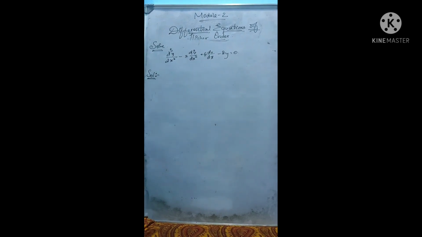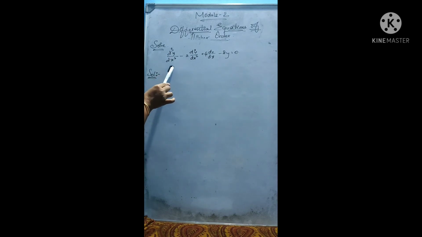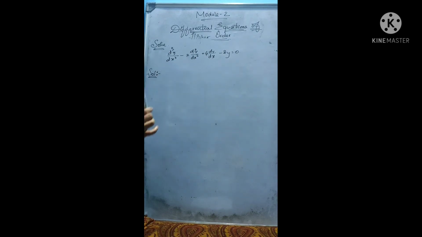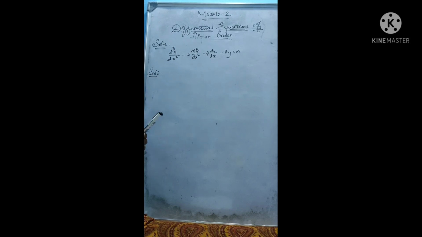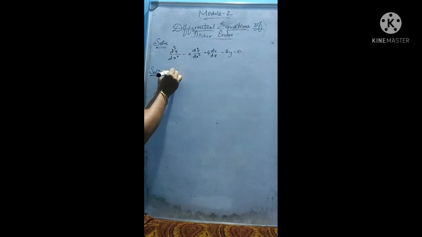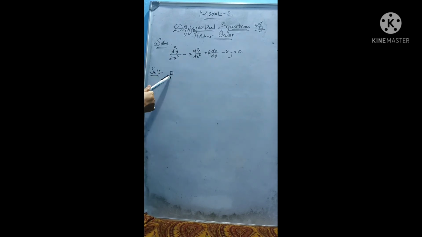Okay, first step, step 1, you need to represent the given differential equation in its operator form. Operator means using capital D. Okay, so writing this in the operator form, we have D is nothing but d by dx.